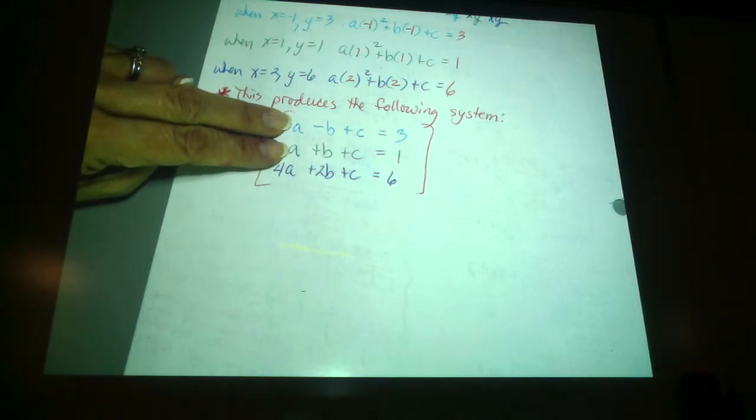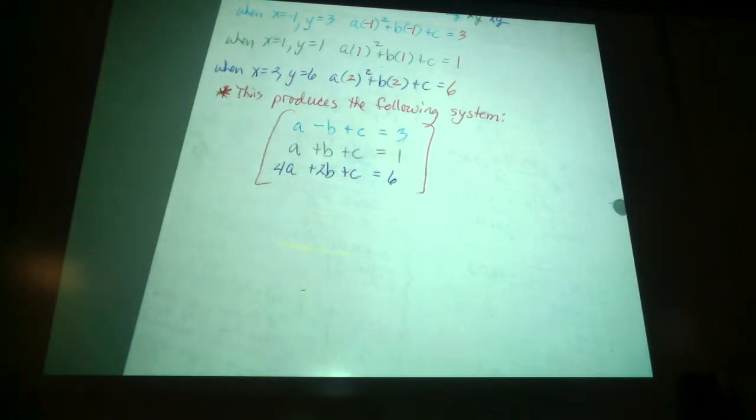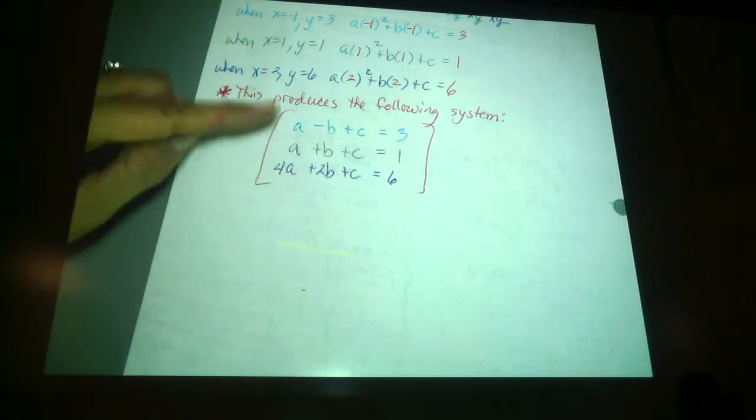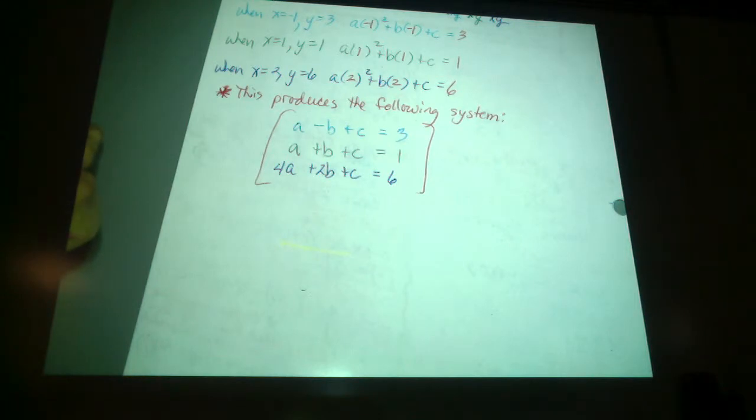So then I would want to get another equation that has just a's and c's in it, so that I can put those 2 equations together and solve for either a or c, right? Once I have a or c, I can plug it back into one of the equations that has just 2 variables and find the other one. So that gives me 2 variables, and then when I have 2 of them, I can plug it into one of these to find the third, right?